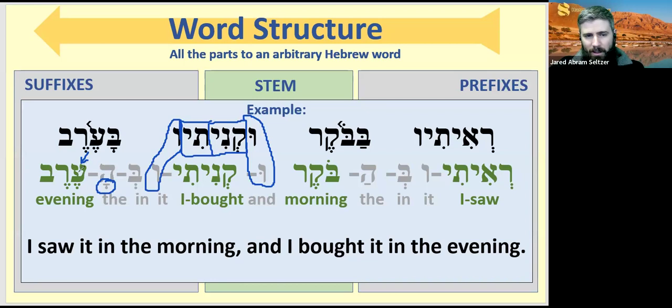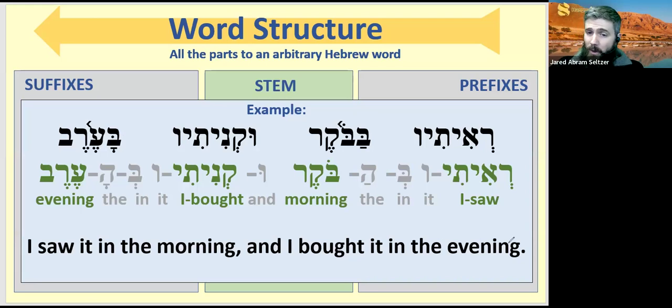It doesn't take a dagesh, so the preceding vowel will lengthen, but it's still the definite article. It's still a hey. So re'itiv baboker uknitiv ba'erev is translated as I saw it in the morning and I bought it in the evening. 4 words in Hebrew and a whole bunch of words in English.